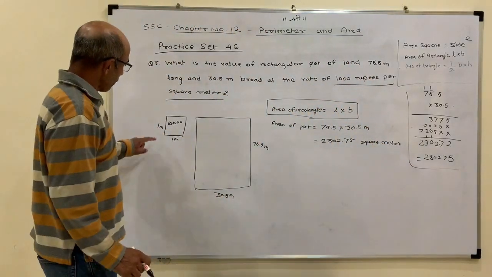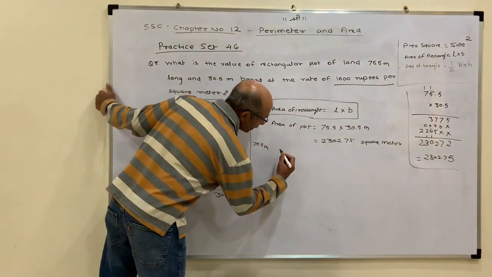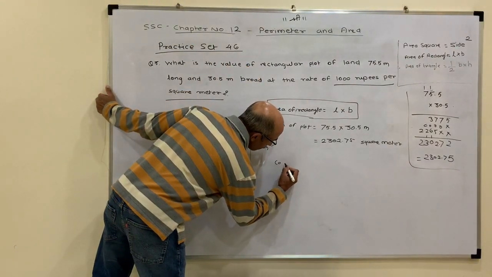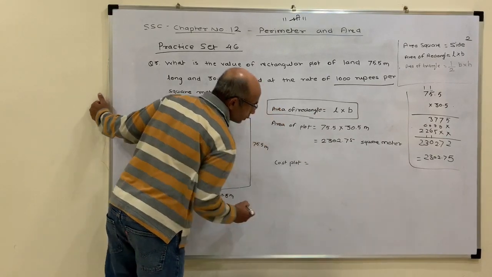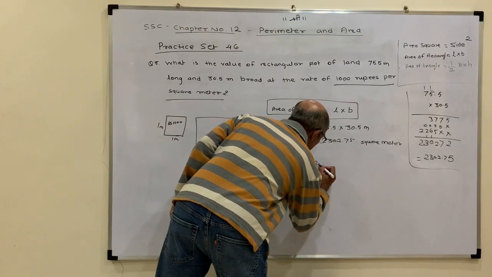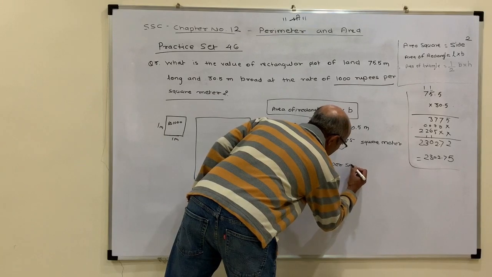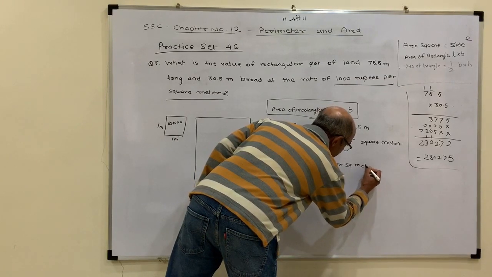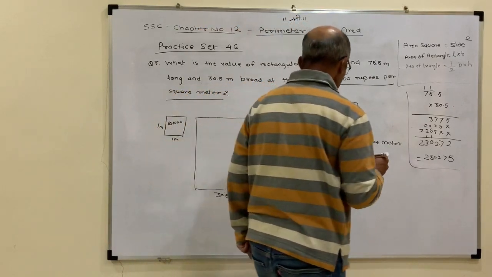So now for 1 square meter the cost is 1000 rupees. So the cost of a plot equals to rate per square meter into total area.